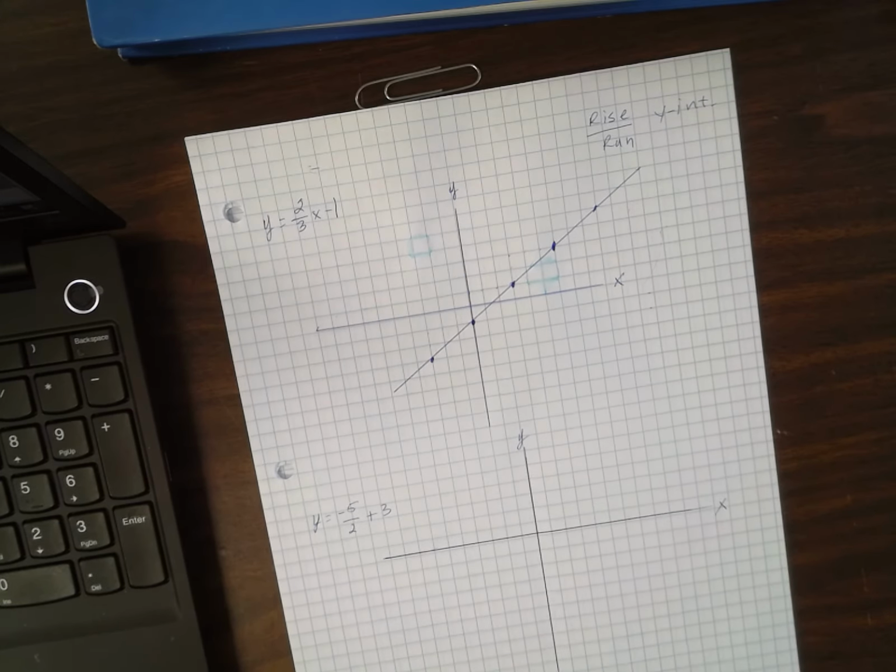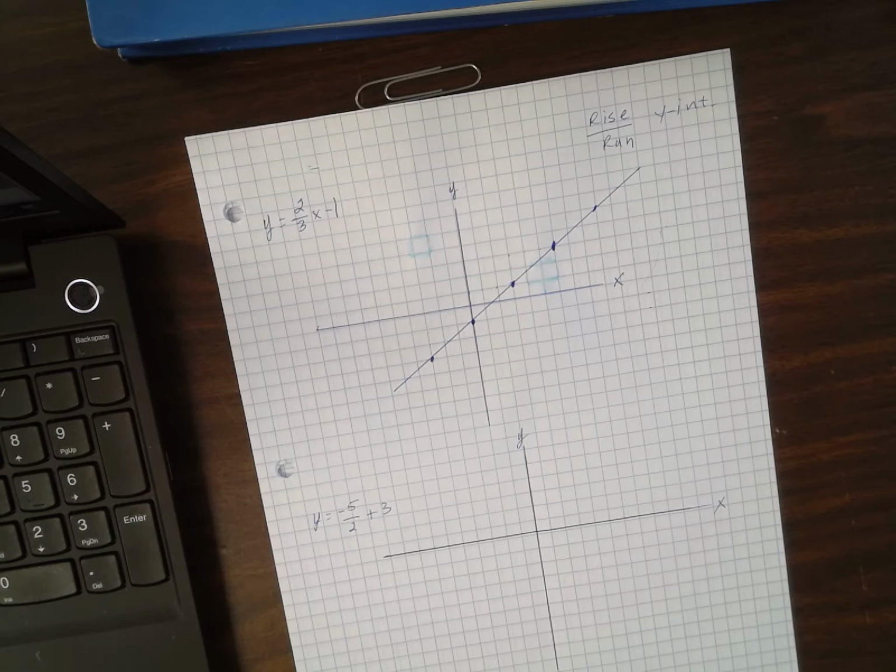I'm going to count down 5 spaces, 5 units. And I'm going to count to the right 2 spaces. So if it's a negative slope, you count down and you run to the right. If it's a positive slope, you count up and run to the right. So that part is always consistent.